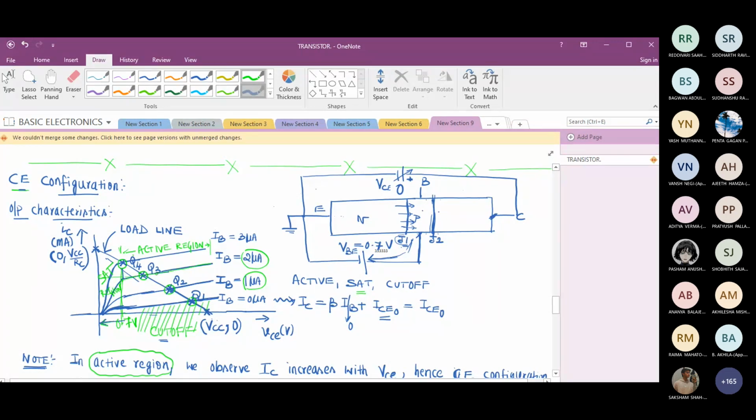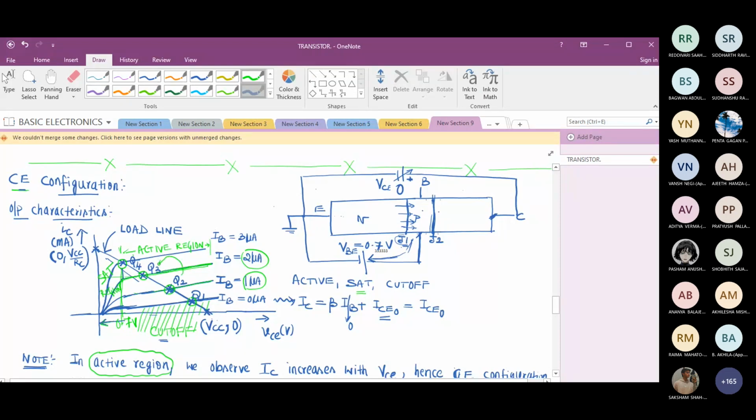I've changed the color of my pen. Can you make out? Earlier, the base current is 1 microamp, so the collector current is this much. Now it has changed to 2 microamps. Example. So will the collector current also change? Yes, sir. That means the operating point shifts from Q2 to Q3. Yes, sir. So you find the operating point shifts.